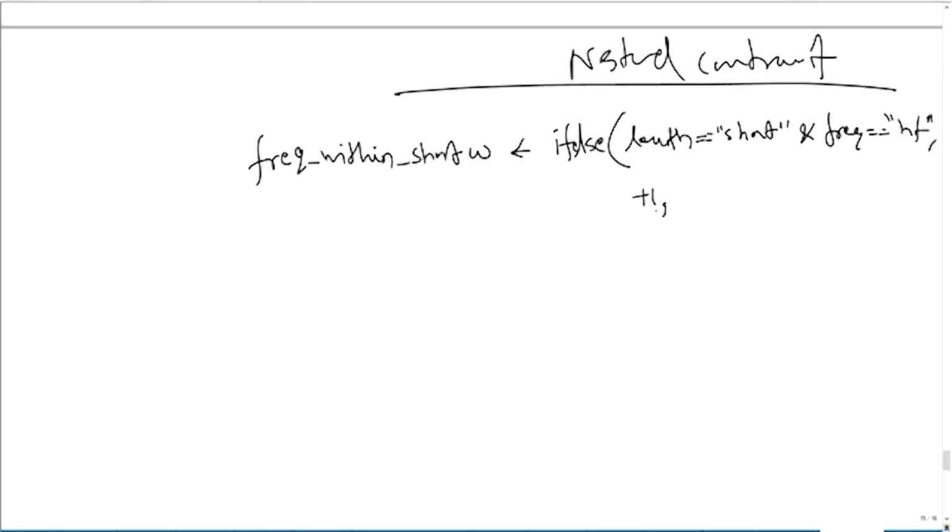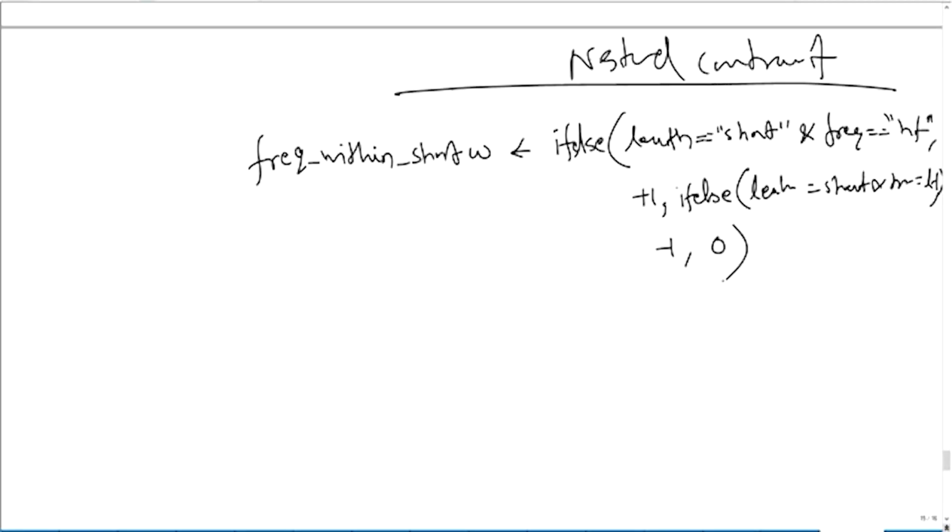Else, if length is short and frequency is low frequency, then I will set the contrast to -1, otherwise 0.